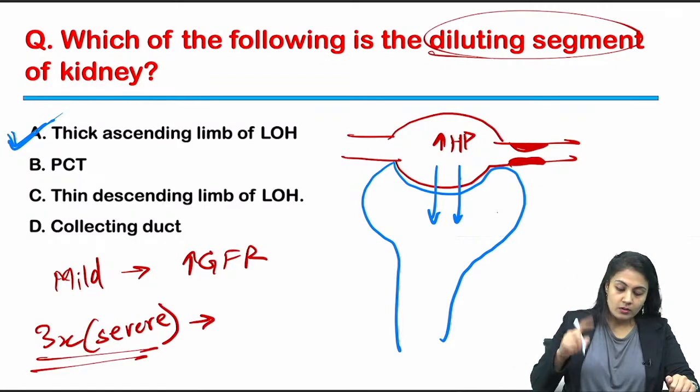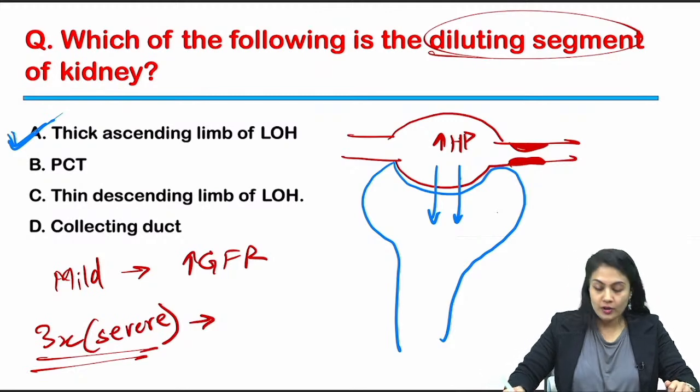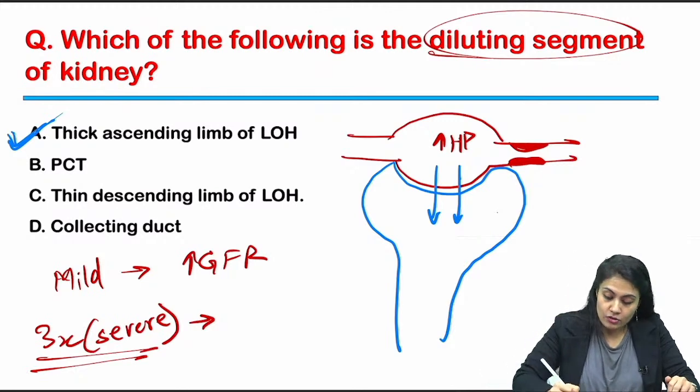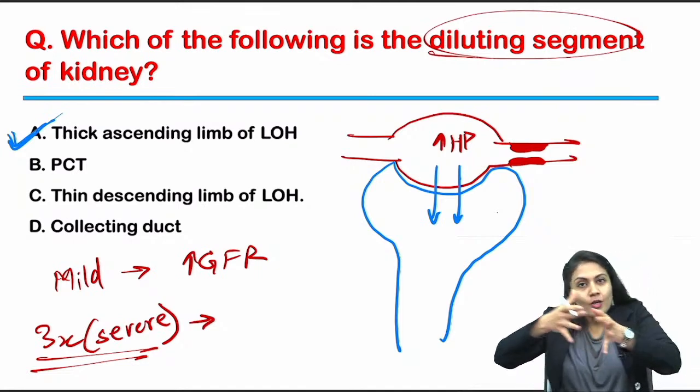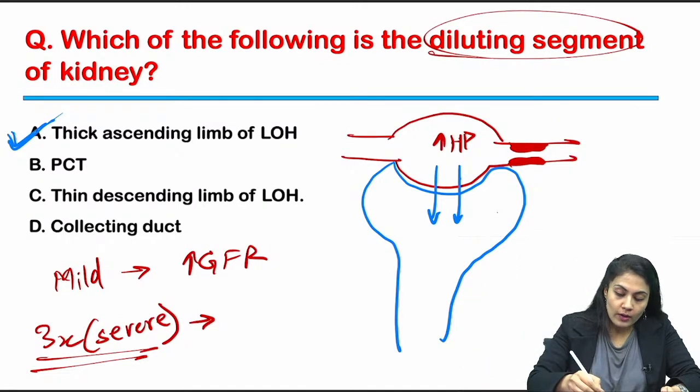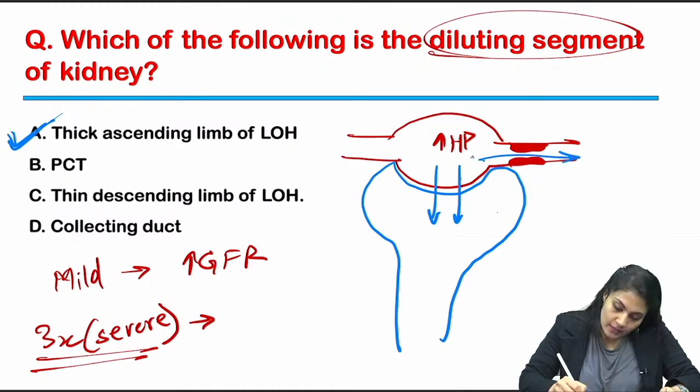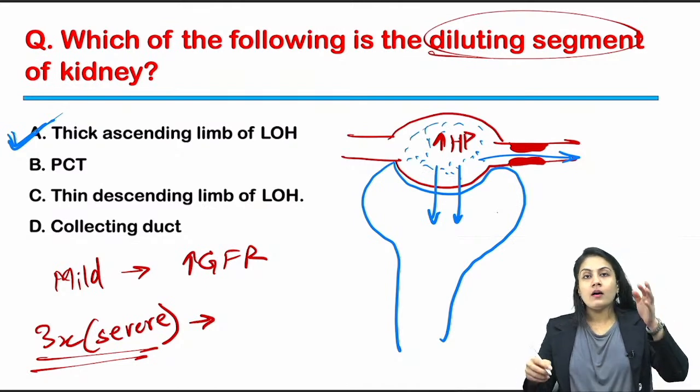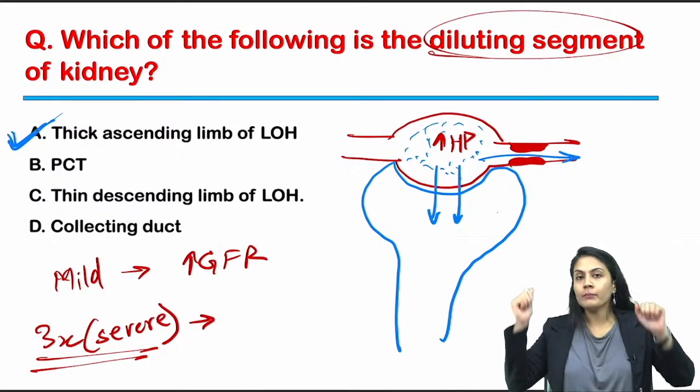With 3 times constriction, the proteins are not able to go towards the peritubular capillaries. The proteins start to accumulate over here, and the oncotic pressure starts to build up there, right?